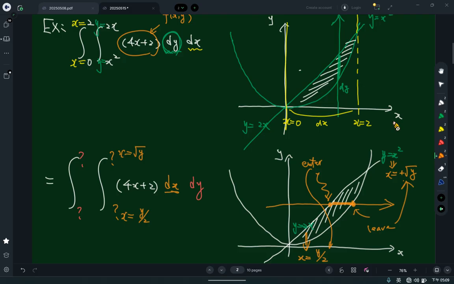And you just leave at, originally, y is equal to x squared. You change it as x is equal to positive square root of y. So you can see always x is from blah blah blah to blah blah blah because we will go for x first.